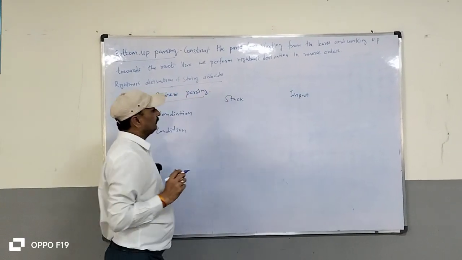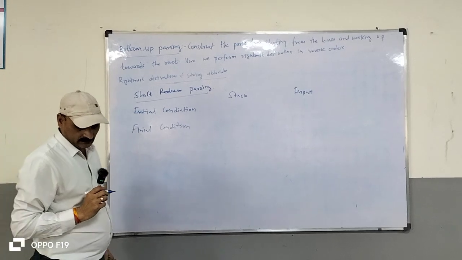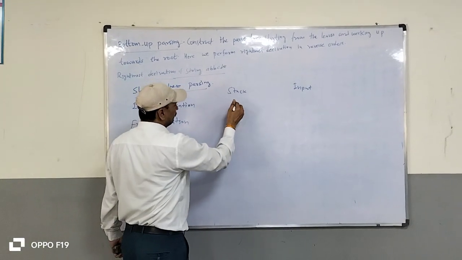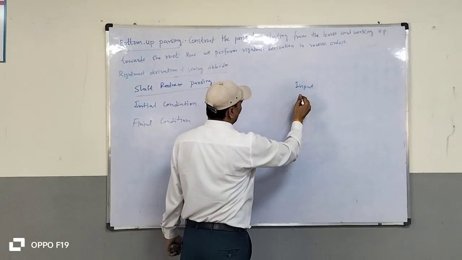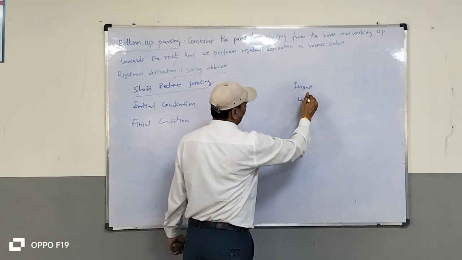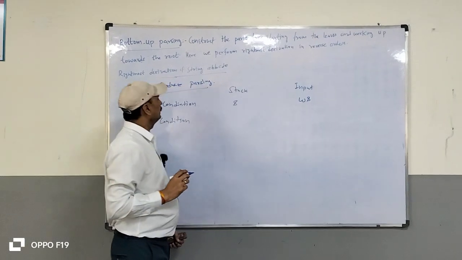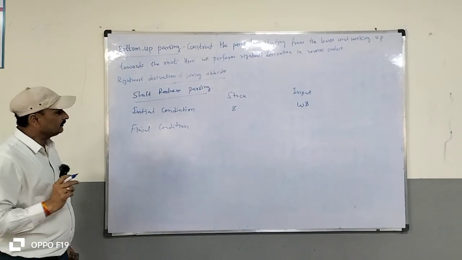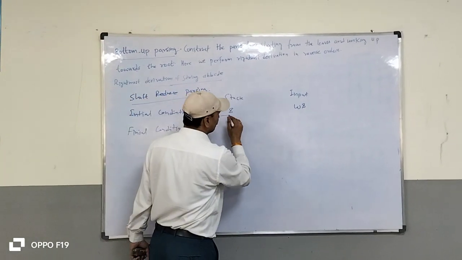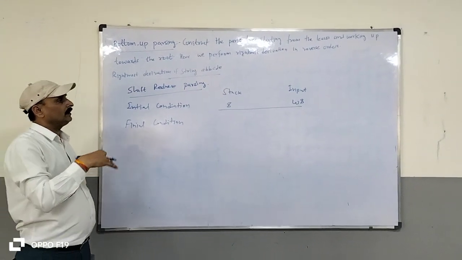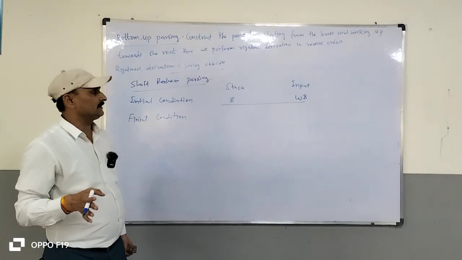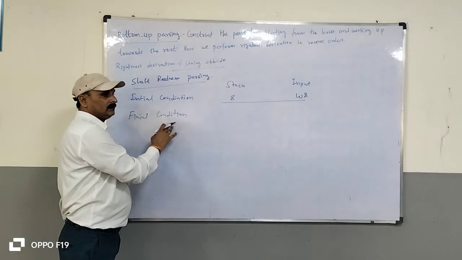The initial condition of the stack is just dollar, and the input is w dollar, where w is the string given. Now what is the final condition? This is the initial condition of shift-reduce parsing. Now we perform some shift and reduce operations, and finally we reach the final condition.